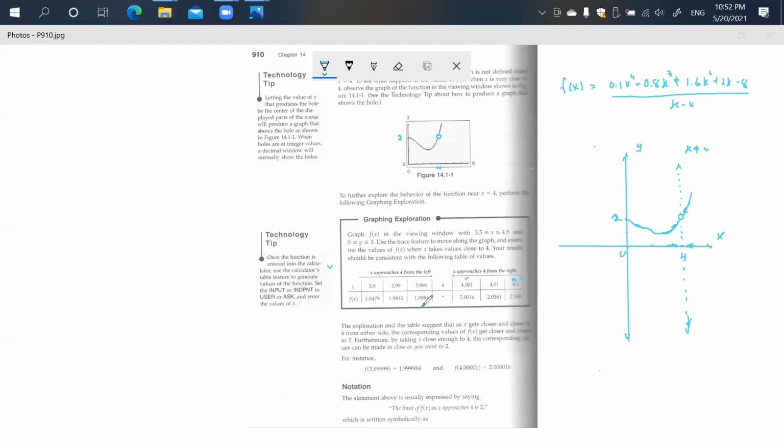From the left, close to 4 like 3.999, y is 1.984, and from the right it is 2.016. Approximating, this one rounds up to 2 and this one also becomes 2. So when x is very close to 4 from the left and from the right, the value of y is going to be 2. So the final answer is 2.